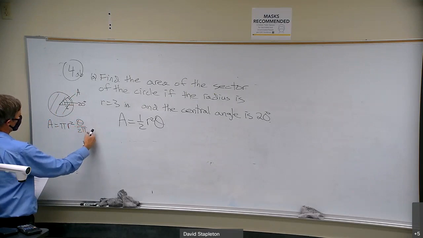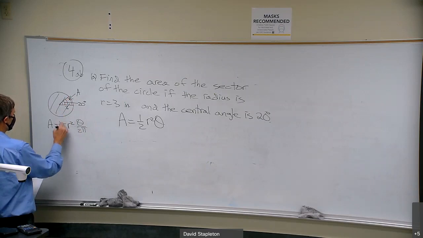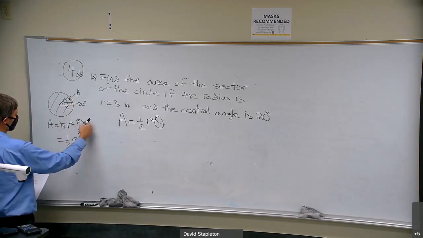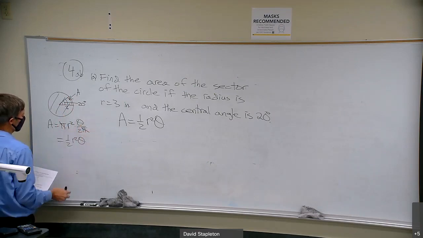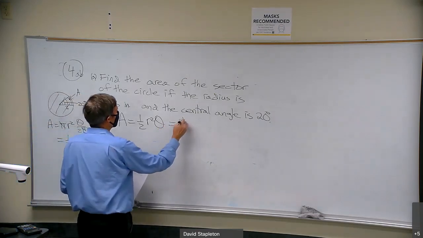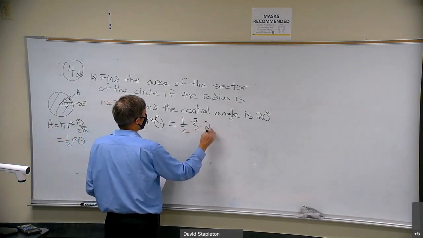Theta radians out of 2 pi in the whole circle gives you the fraction of the circle, times the area of the whole circle gives you the area of the sector, A. Now the pi's cancel nicely, and you get 1/2 r squared theta. So you can derive the formula if you forget it. It's just the fraction of the circle, theta over 2 pi, times the circle area formula. This isn't too bad a formula, so I'm just going to take 1/2 r squared times theta.